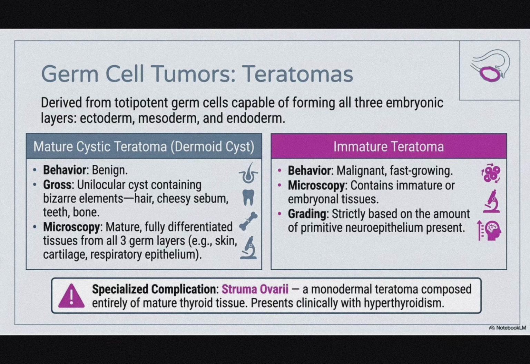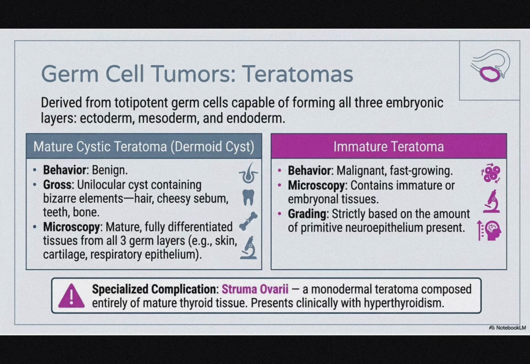First one we have is mature cystic teratoma, also called dermoid cyst, and immature teratoma. First we will discuss mature cystic teratoma. It is basically a benign tumor. Grossly, it's a unilocular cyst containing bizarre elements like hair, cheesy sebum, teeth, and bone.